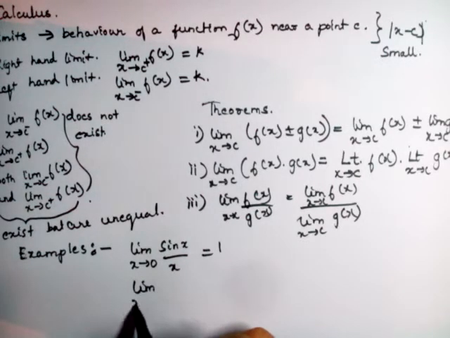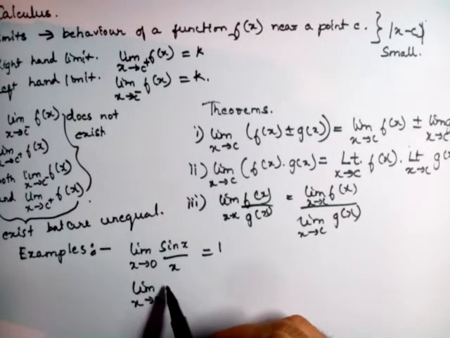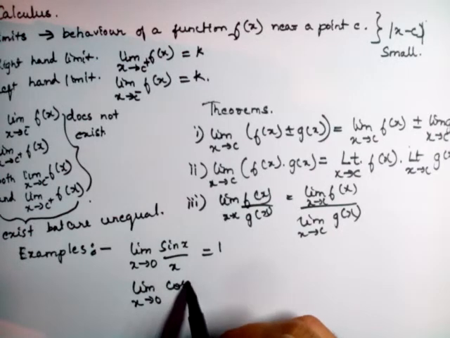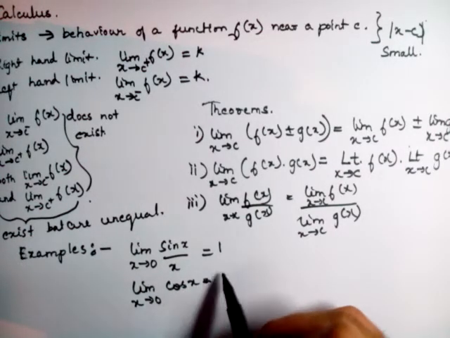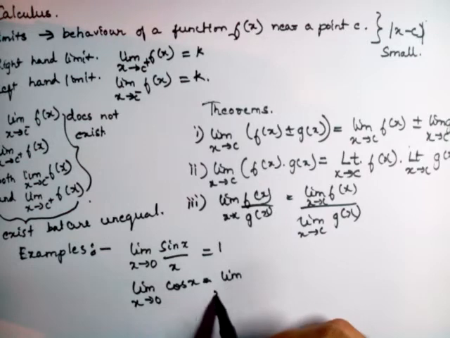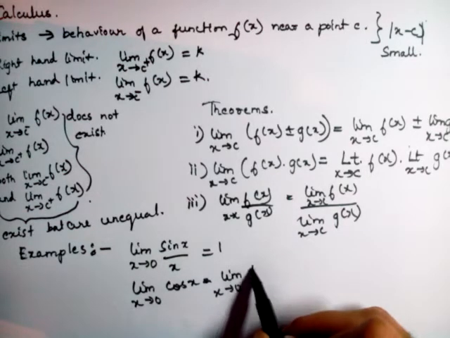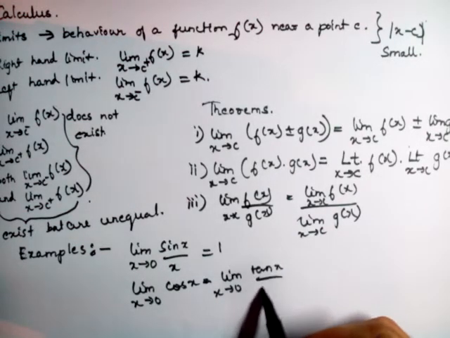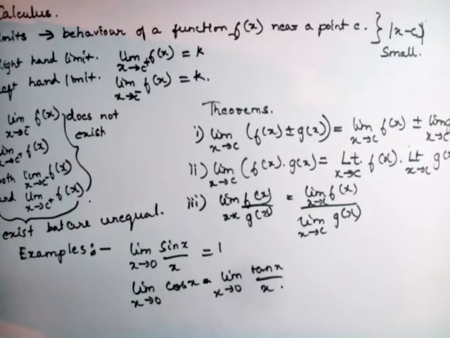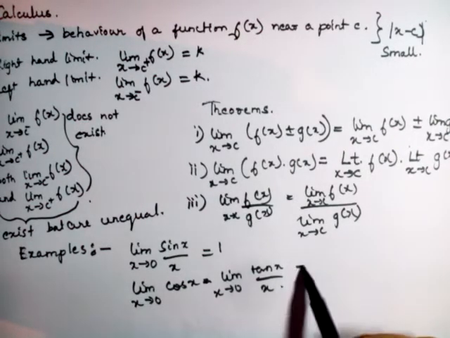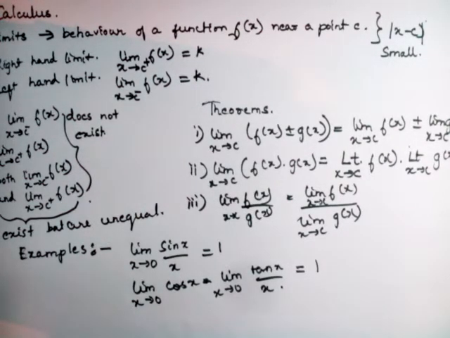Limit x tends to 0 cos x, limit x tends to 0 tan x by x. All these are also equal to 1.